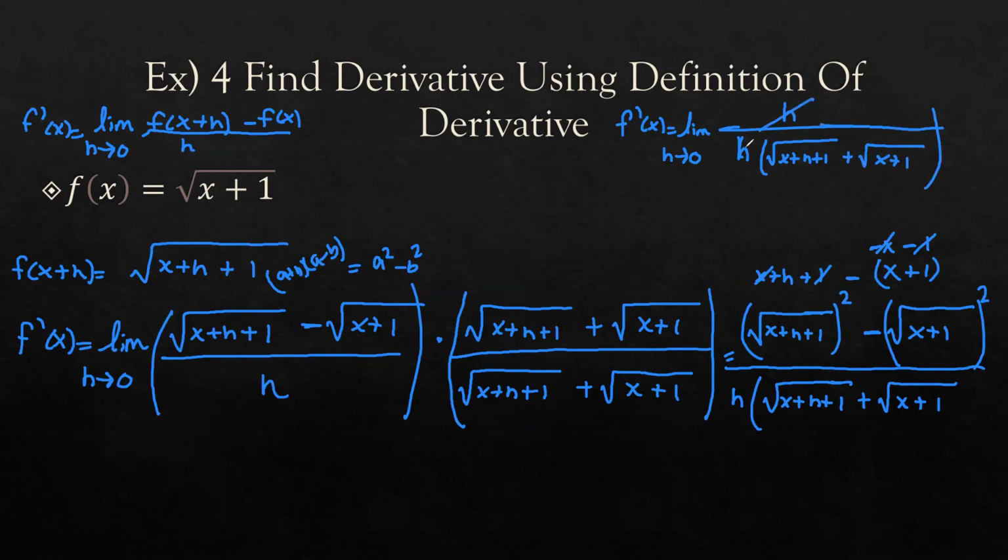And then the h cancels, so you're just left with f prime of x equals the limit as h approaches 0, and then on the top, the h's cancel, so you're just left with 1.